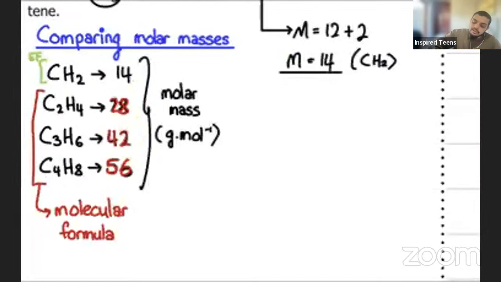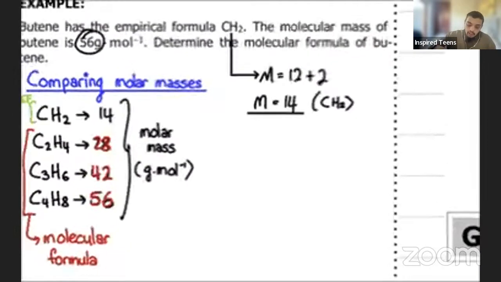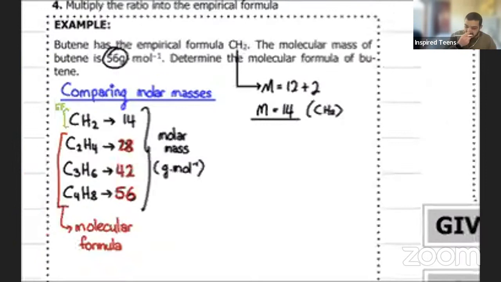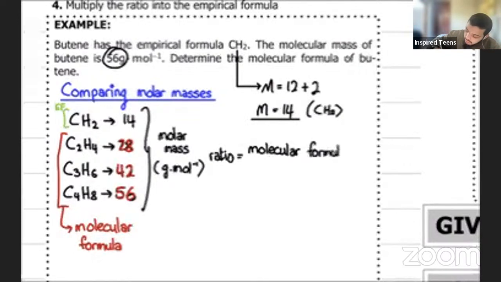You can simply divide them. Ultimately, what you want to say is the molecular mass of the actual compound compared to the empirical. They give you the ratio, so you should say molecular formula molar mass divided by empirical formula mass.